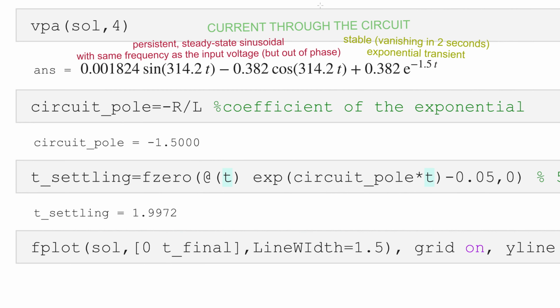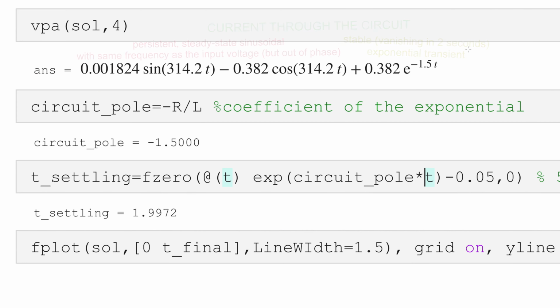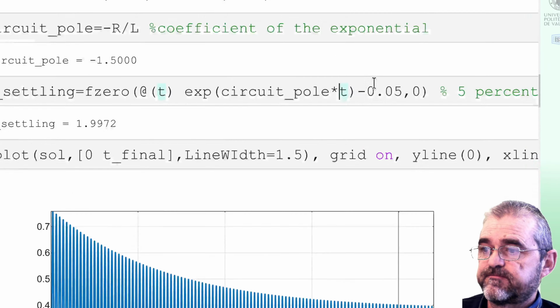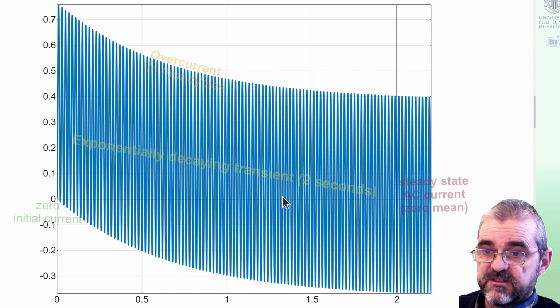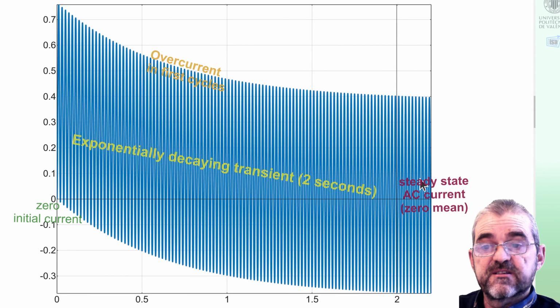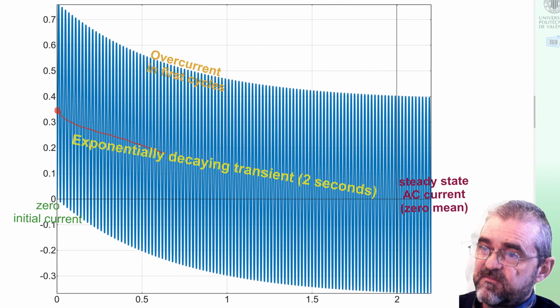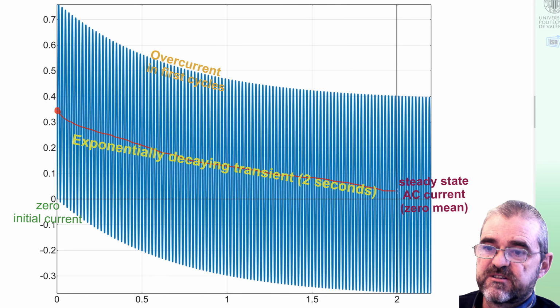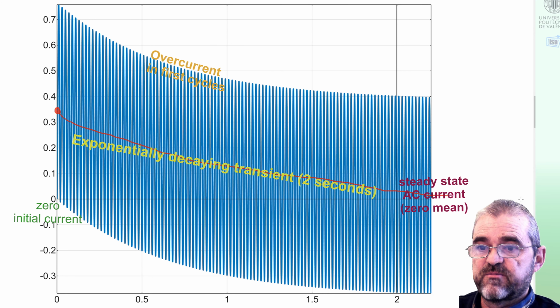Let us plot this current as a function of time to see what it is. And here we have it. We have an exponential decay to something centered around 0, and then we have this mean, which is exponentially decaying, and in 2 seconds it has lost 95% of its original value.